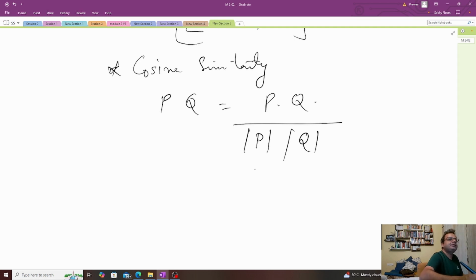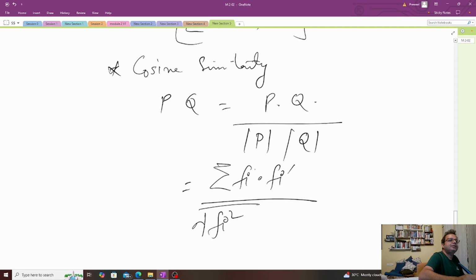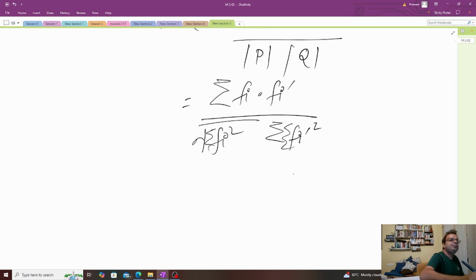To further simplify this, the dot product is nothing but fi and fi dash, their multiplication with a sigma here, and then the square root of sigma fi squared, and sigma fi dash squared. So this is going to give you the cosine similarity of two vectors, very popular.